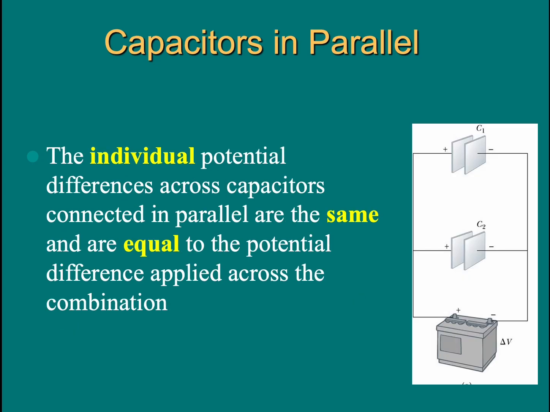After the maximal charges are reached on both capacitors, capacitors C1 and C2 will have the same potential difference across their two plates. And the potential difference of capacitors C1 and C2 equals the potential of the battery.